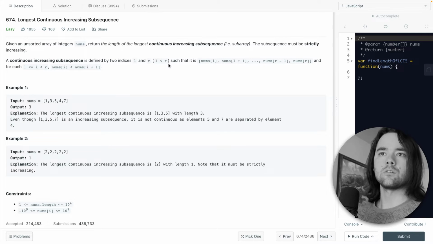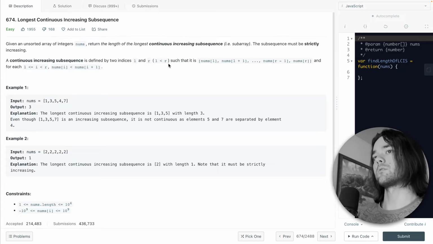For each i, l is less than or equal to i, less than r, and then nums[i] is less than nums[i+1].